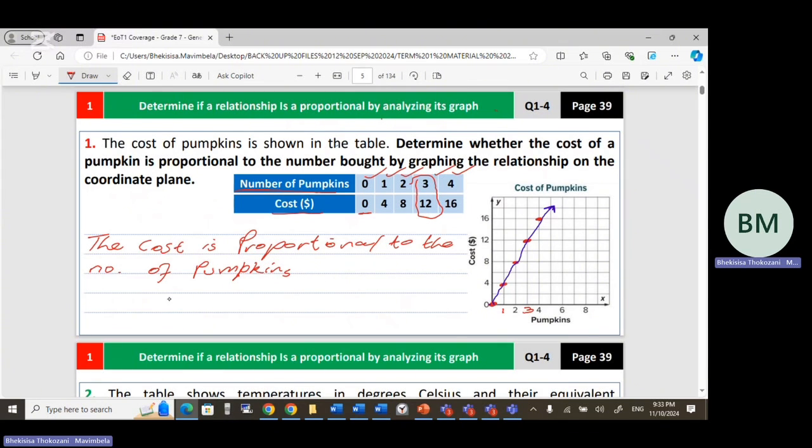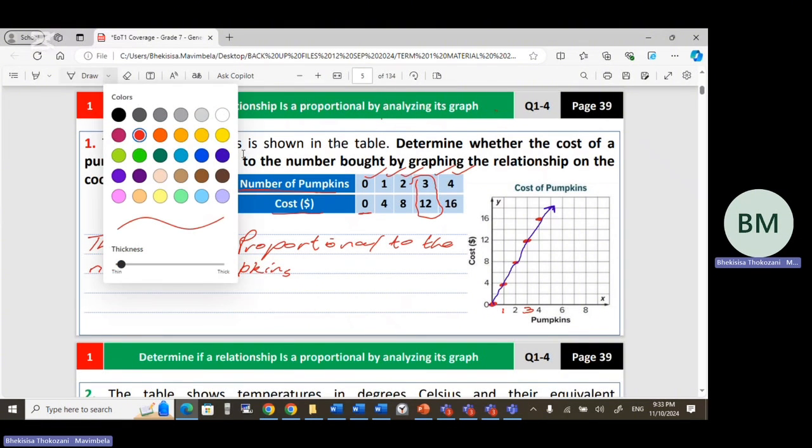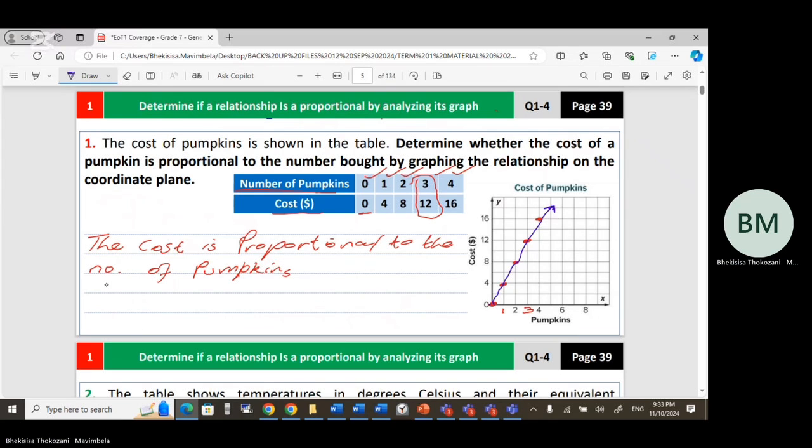And why is that? Sometimes we need to remember, we just remind you that the reason this is proportional is because it starts from 0, or from the origin, which is this part here where 0 is.